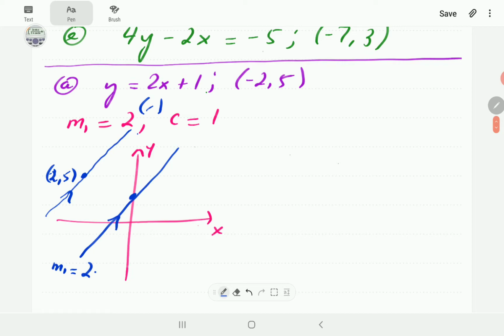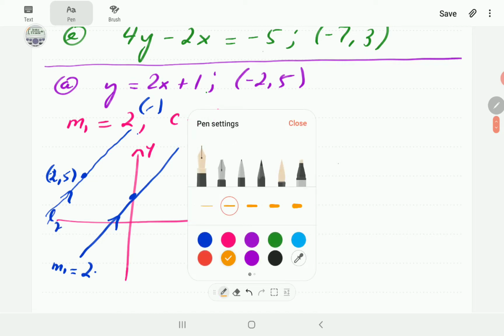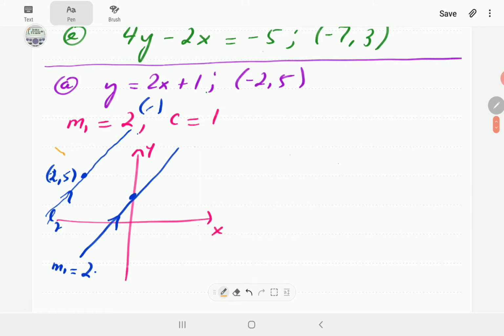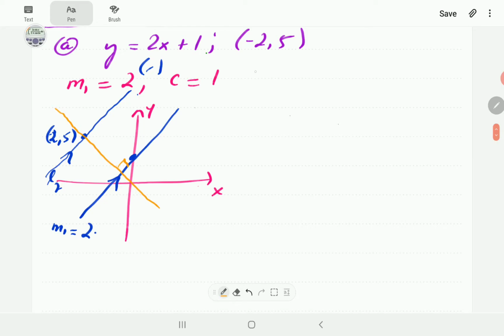So this one we're going to call L2. Then in part 2 we're going to look for a line going through that same point but making a 90-degree intersection angle with the given line. So this one we're going to call L3.